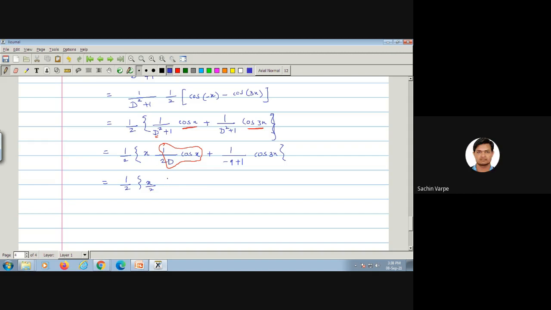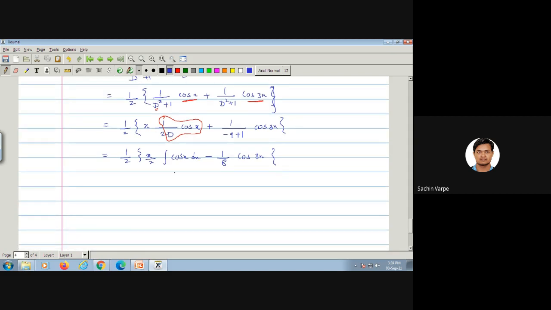So 1 upon D means integration of cos x with respect to x, minus 1 upon 8 cos 3x. So that equals 1 by 2 times x by 2, and integration of cos is sin x, minus 1 by 8 times cos of 3x.